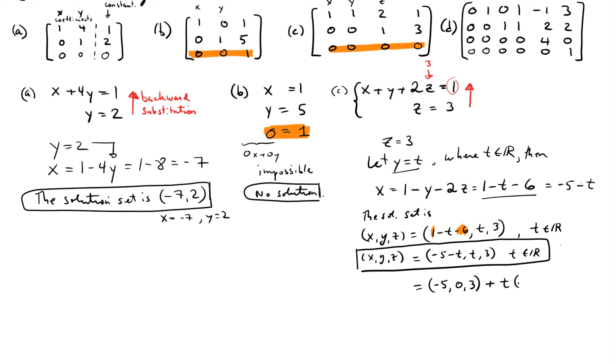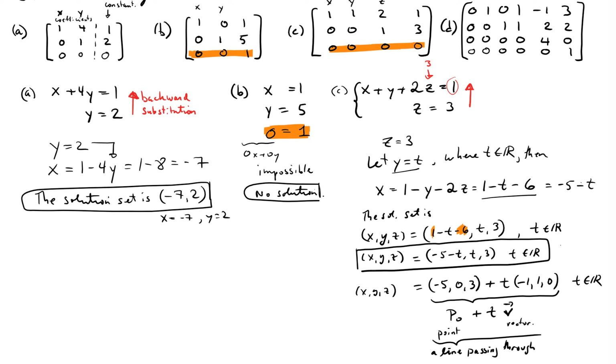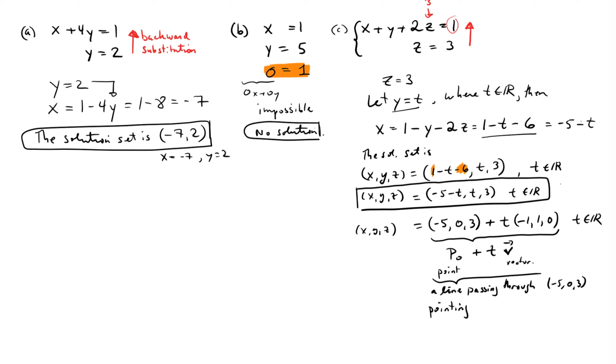It's a point plus some multiple of a vector. So what kind of object does that describe? That's a line, right? Passing through our point P0, which is minus 5, 0, 3, and parallel to the vector V, which is minus 1, 1, 0.